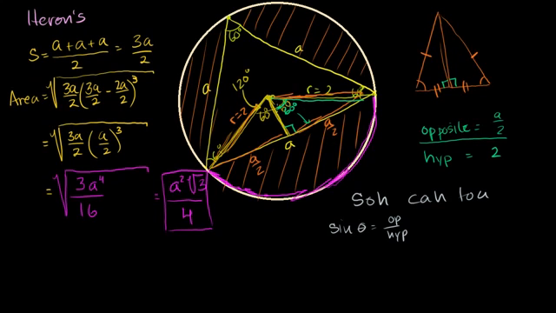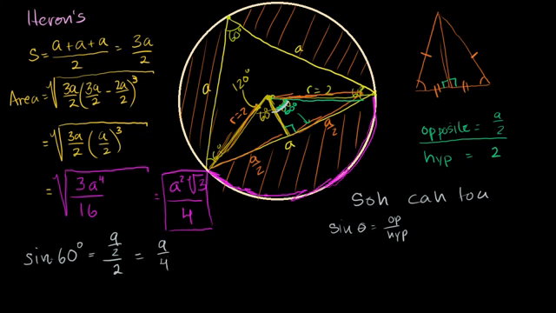So the sine of this angle right here, the sine of 60 degrees, is going to be equal to the opposite side, a over 2, over the hypotenuse, which is our radius, 2, which is equal to a over 2 divided by 2, which is a over 4. And what is sine of 60 degrees?